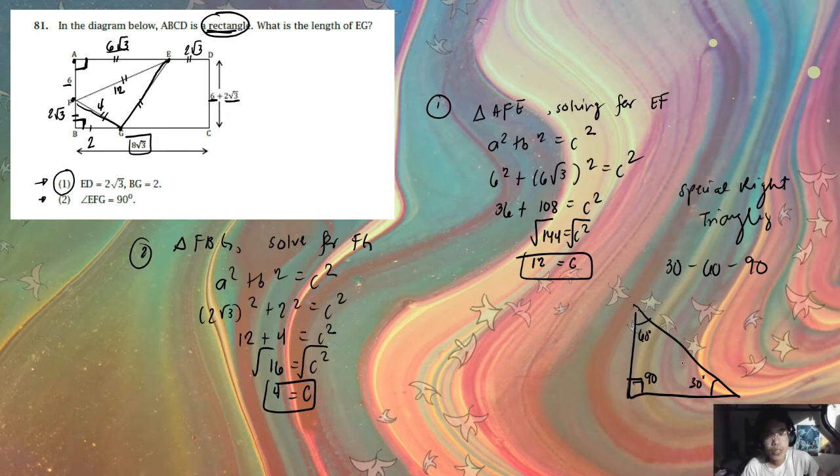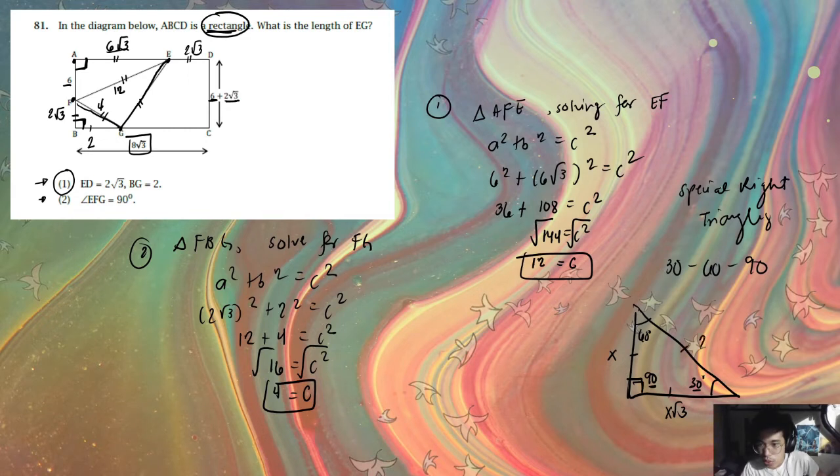According to the formulas for the 30-60-90 special right triangle, the side opposite the smallest angle, which is 30, should be x. The side opposite the larger angle, 60, should be x square root of 3. And the side opposite the largest angle, which is 90 degrees, should be 2x.